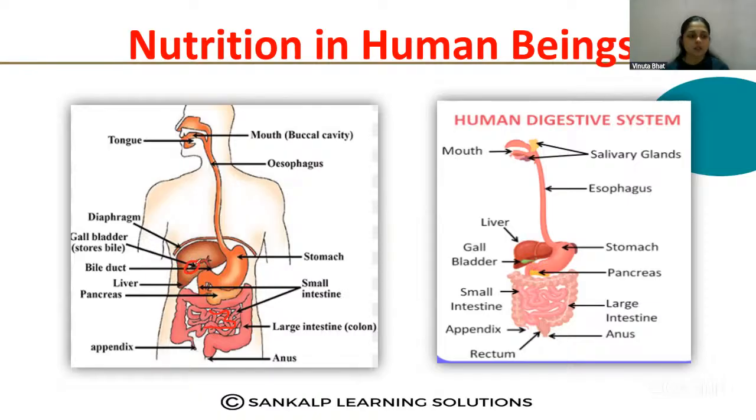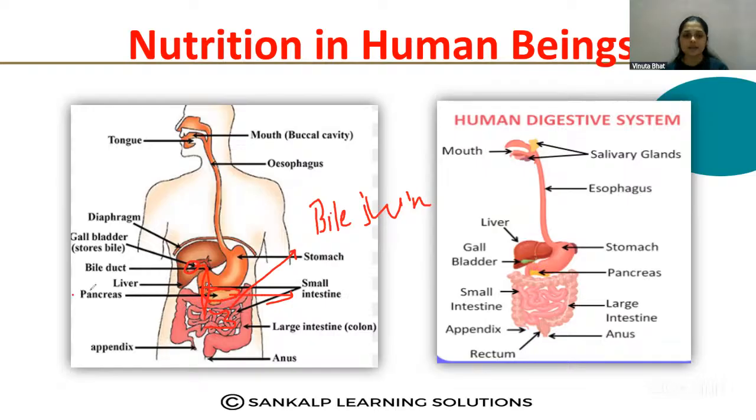which is stored in the gallbladder, right? Here you can find the bile duct, which is connected to the small intestine, and the small intestine receives the bile juice that is secreted by the liver, and pancreatic juice. Here, just below the stomach, you can see the pancreas, right?